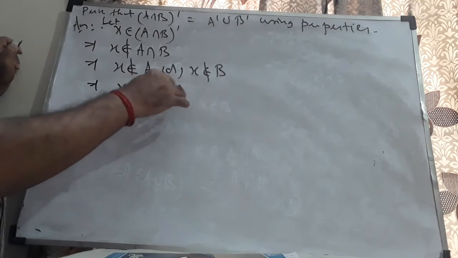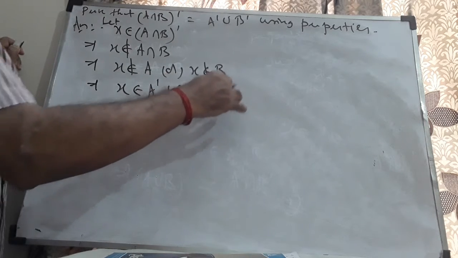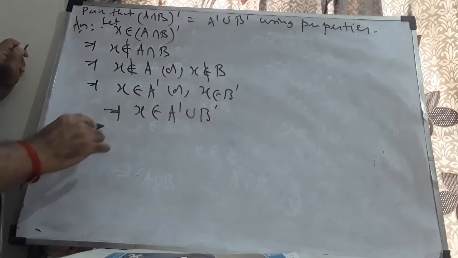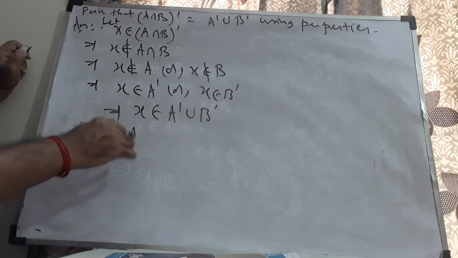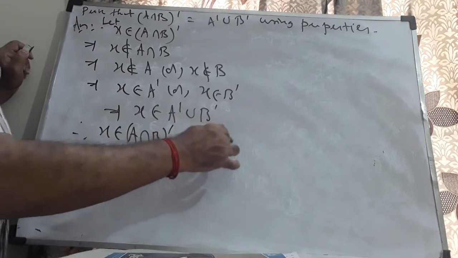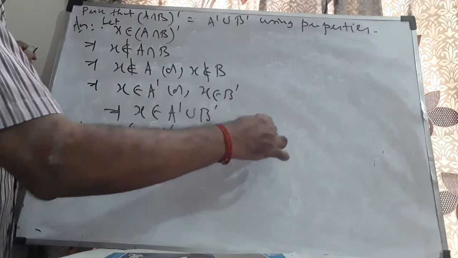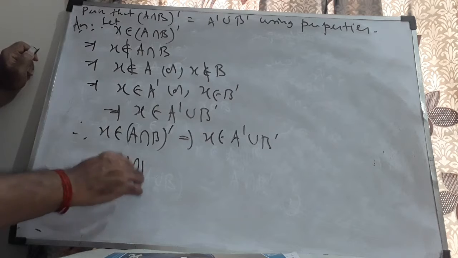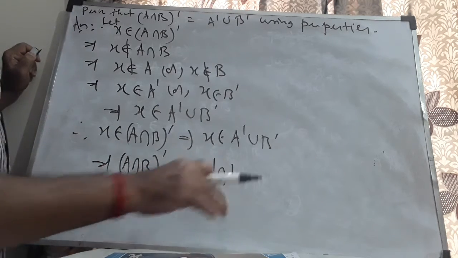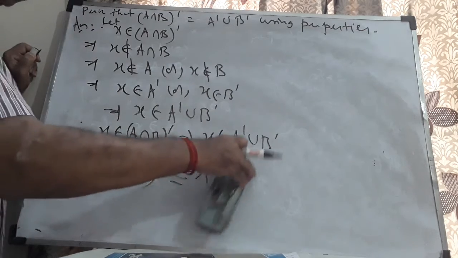Therefore, x element of A dash or x element of B dash, which will imply x element of A dash union B dash. Therefore, x element of (A intersection B) whole dash implies x element of A dash union B dash, implies (A intersection B) whole dash is a subset of A dash union B dash.